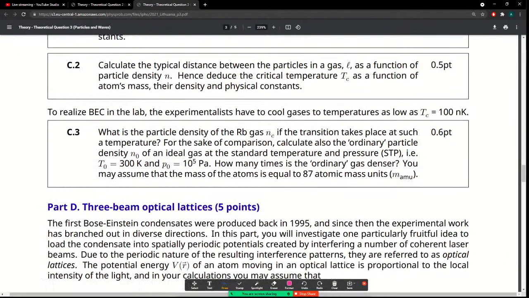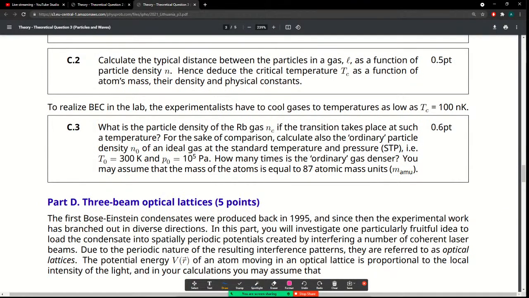To realize BEC in the lab, the experimentalists have to cool gases to a temperature as low as Tc equals 100 nanokelvin. What is the particle density of Rb gas Nc if the transition takes place at such a temperature?